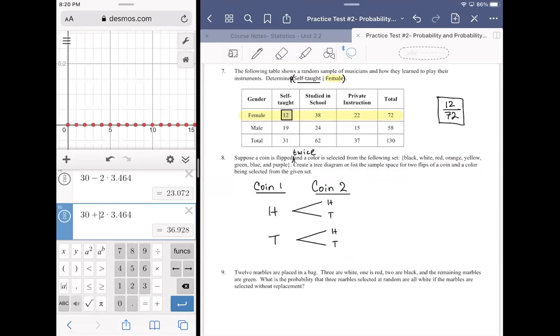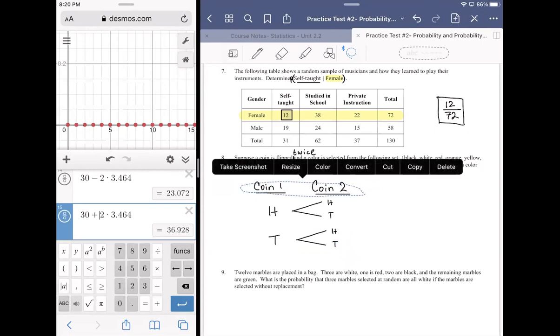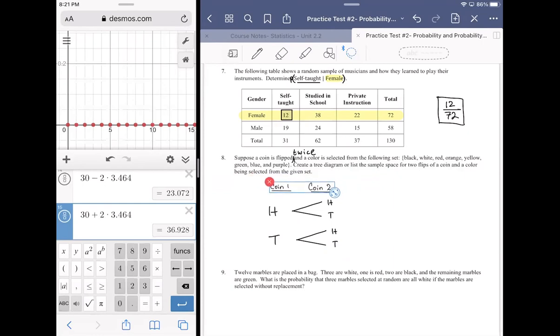Then from there, I would branch off, and this is the part where it gets a little kooky and can be messy. People tend to want to go for a sample space once they start going down this road, because you get into the color. There's black, there's white, there's red, there's orange, there's green.